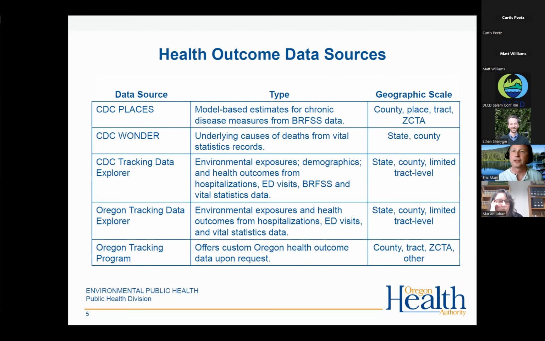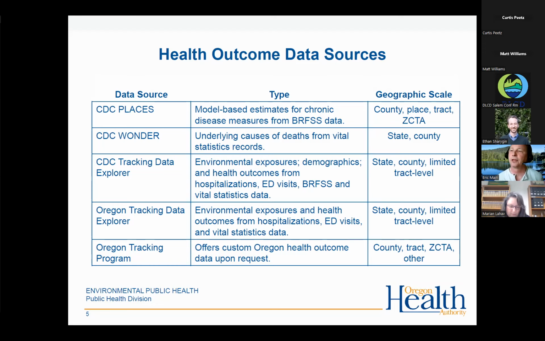However, there are demographic and socioeconomic data that are used along with BRFSS responses. So the data is then modeled down to the census tract level. The CDC PLACES data are those data that you commonly see in national environmental justice index tools, like the CDC EJ Index, and also in EPA's EJScreen.